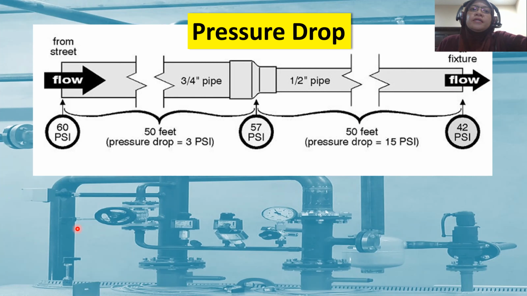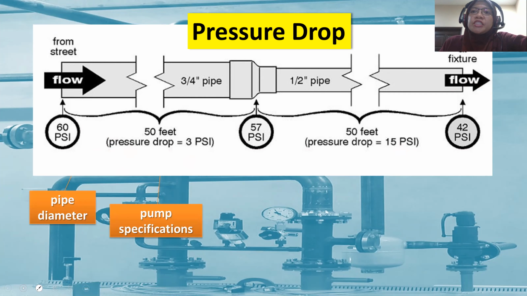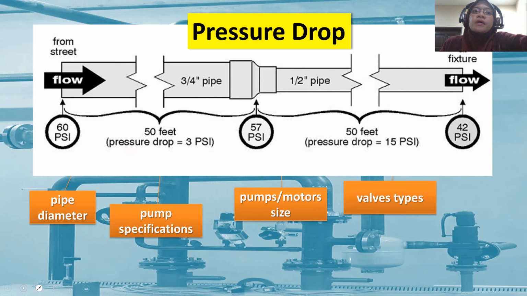As an engineer, we need to know how to calculate pressure drop in a piping line, because by knowing the pressure drop, we can determine the suitable pipe diameter, pump specification, pump or motor size, and valve types.